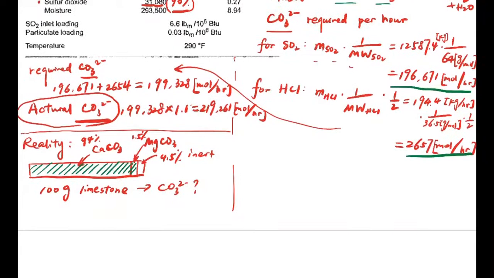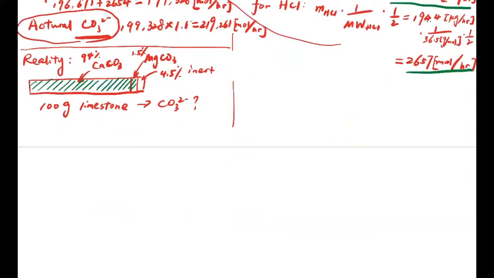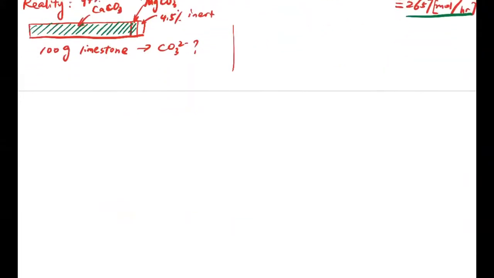If you assume that there's 100 grams, then we directly know that there are going to be 94 grams of the calcium carbonate, and then 1.5 grams of the magnesium carbonate, and then 4.5 grams of the inert.